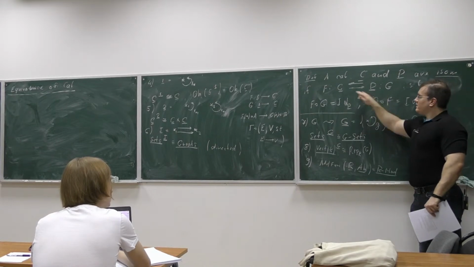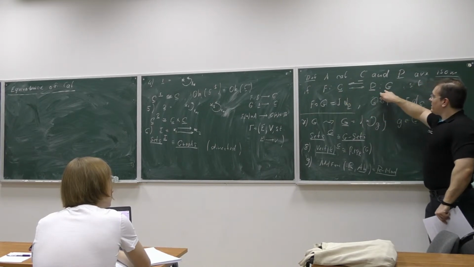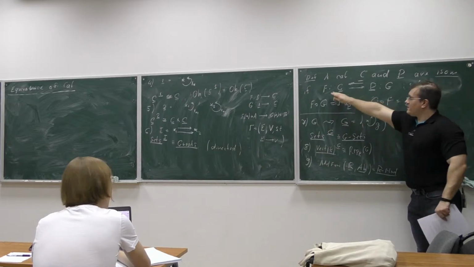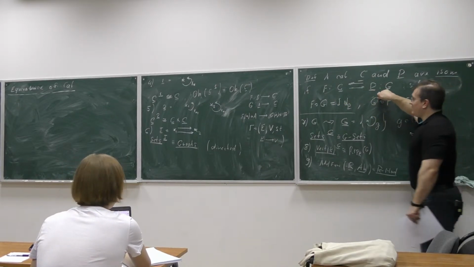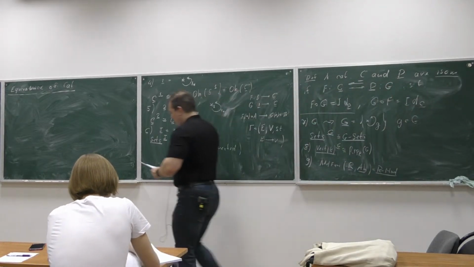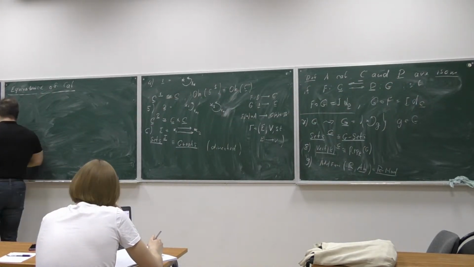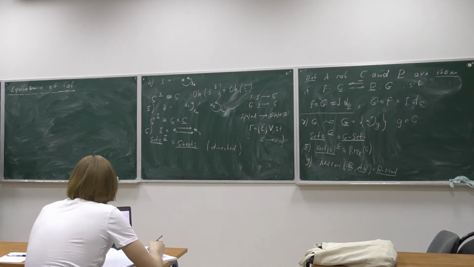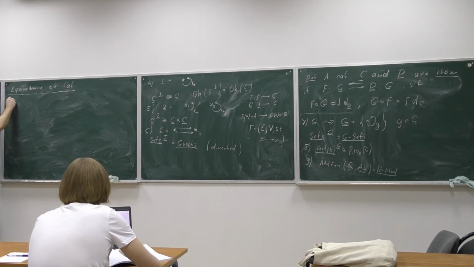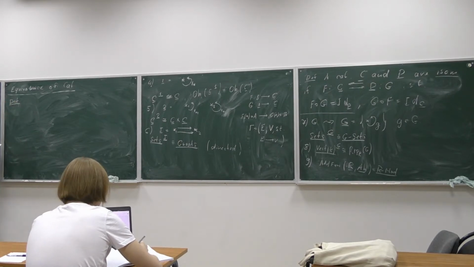And if you fix two objects here and two objects here, and the images under the functor f, then the home sets are again bijective. And usually we don't want to have this in our examples. We want categories kind of to be different, but equivalent in some other sense, in the sense that I'm going to provide right now.